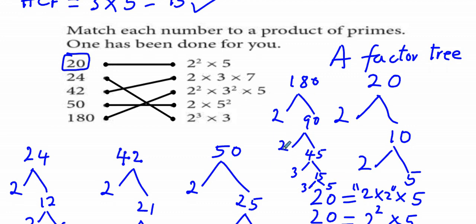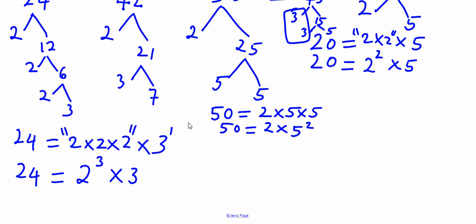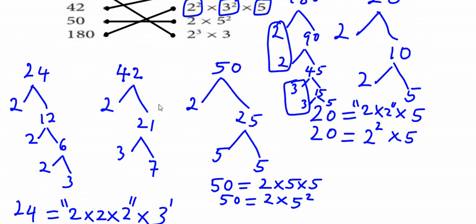So it will be 2 times 2, then 3 times 3, then times 5. So we have two 2's, two 3's, and one 5. So two 2's, this one here, two 3's is here, and one 5. So our match is correct. That marks the end of that question, and also it marks the end of the page.